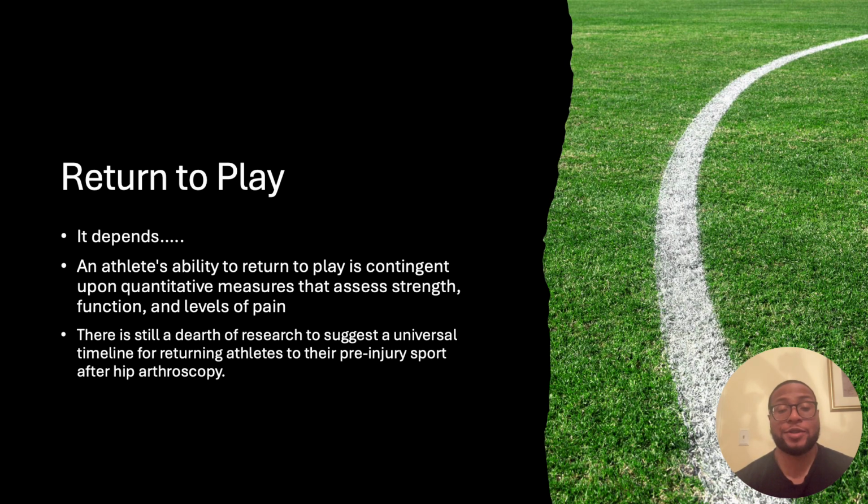So when it comes to return to play, it depends. An athlete's ability to return to play is contingent upon the quantitative measures used that assess strength, function, and levels of pain. There is still a dearth of research that suggests a universal timeline for returning athletes to their pre-injury sport after hip arthroscopy.